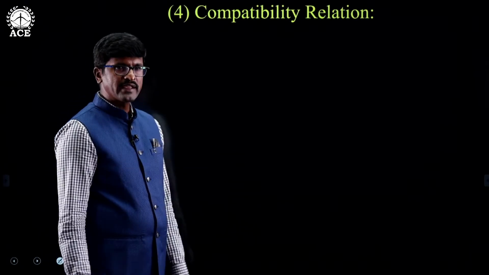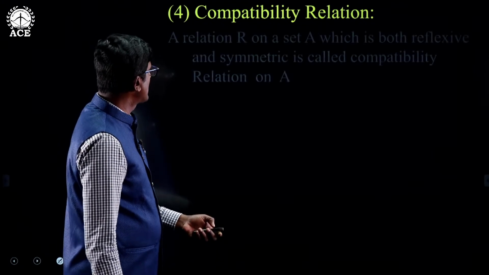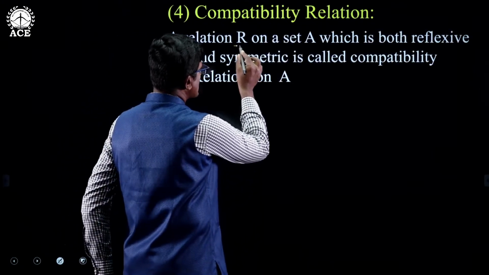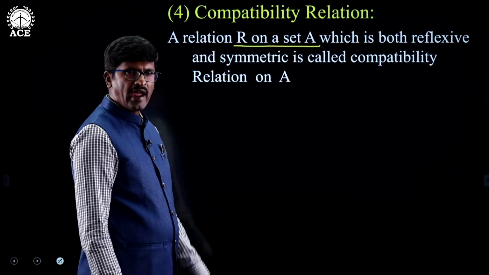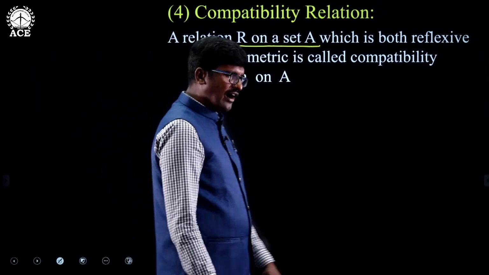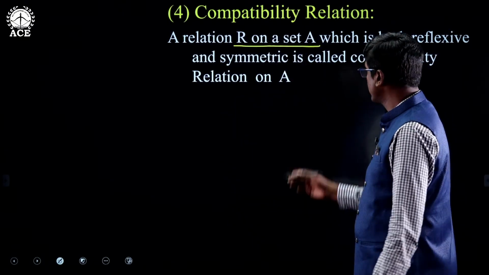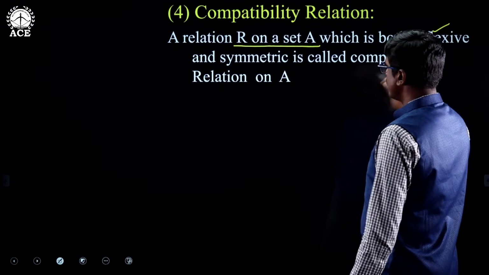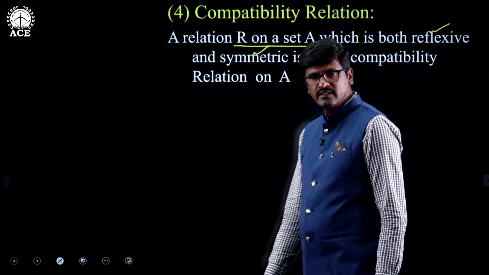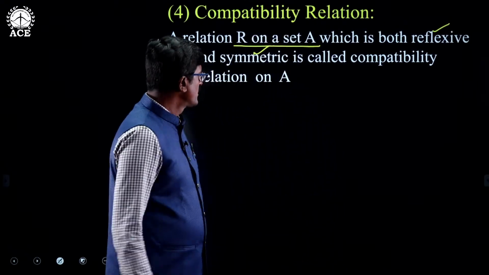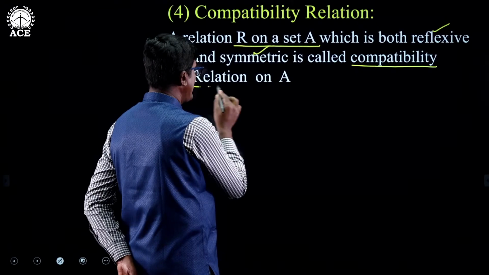Now, the next property is the compatibility relation. The compatibility relation says that if the binary relation R on the set A satisfies the reflexive property and the symmetric property, then we say that it is a compatibility relation. So a compatibility relation means a relation which is both reflexive and symmetric.